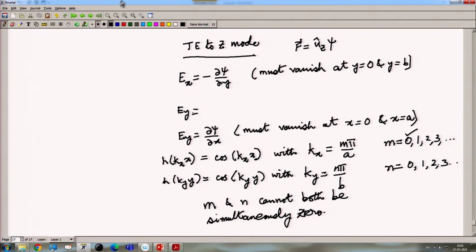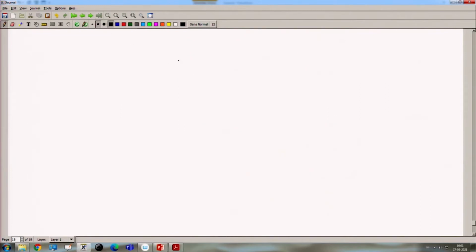M and n cannot both be simultaneously 0, otherwise the fields vanish.